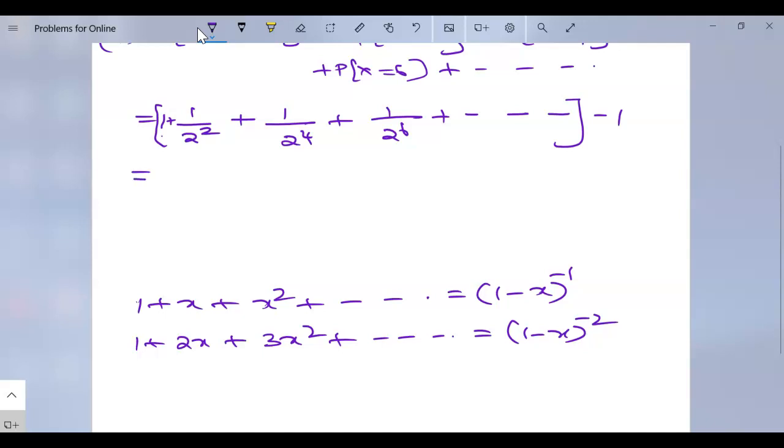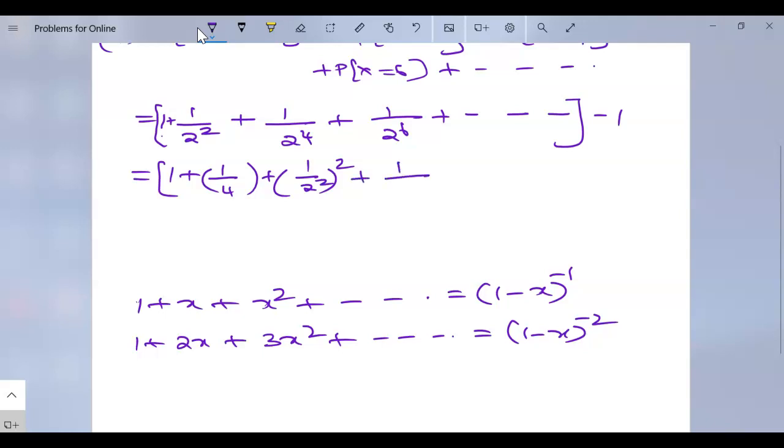Now if you see, inside the bracket I am talking, 1 by 4, the first one, 2 squared. Here, what I am having is 1 by 2 squared. I can write it as 1 by 2 squared the whole square, isn't it? So 2 squared the whole square, 2 to the power 4.